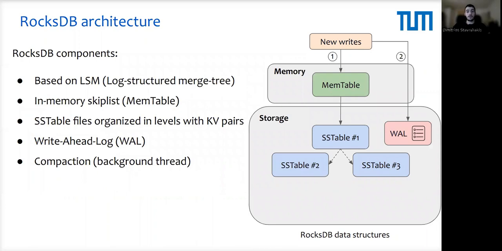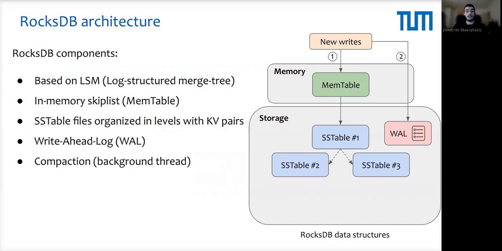Now, it's time to inspect the core of RocksDB from the inside. RocksDB is based on the log structured merge tree that converts random writes to disk into disk-friendly sequential writes. It contains an in-memory skip list, which is called the memtable. The memtable is a buffer that can temporarily host the incoming writes, and it is also normally sorted. Then it has the SS tables or sorted static tables, which maintain the data in the storage medium.